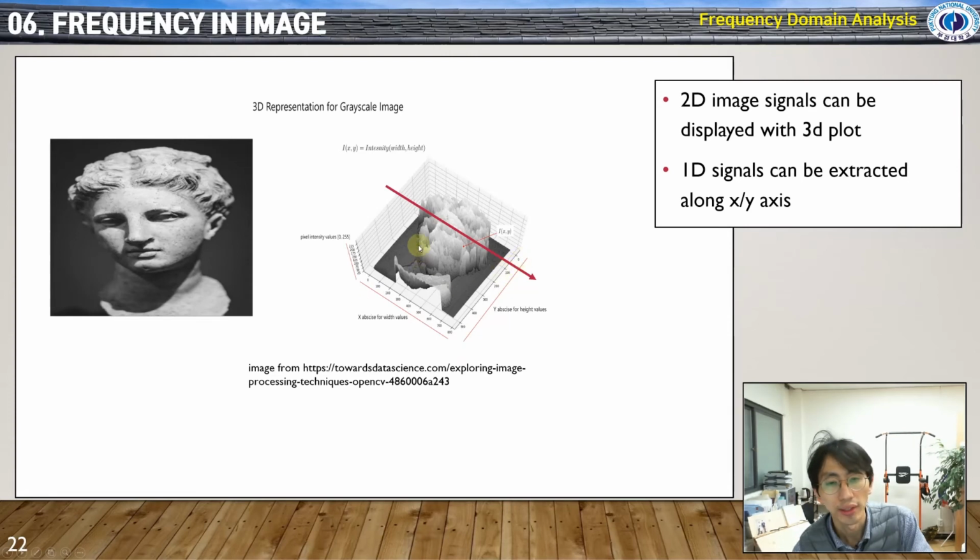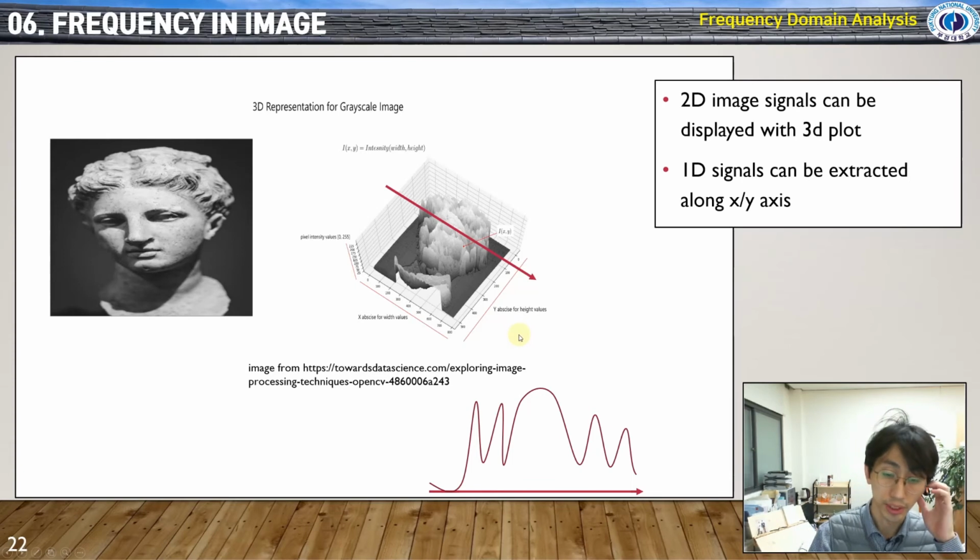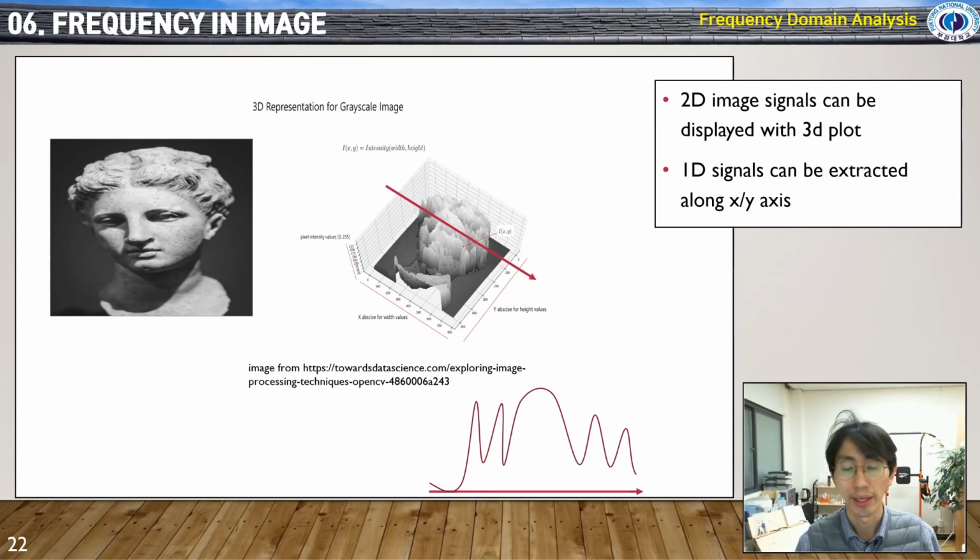Then we can draw a virtual axis here. Then we can get the slice. Then we will get the 1D signal. Then it becomes easy, and it's almost the same as the previous signal when we try to analyze it.